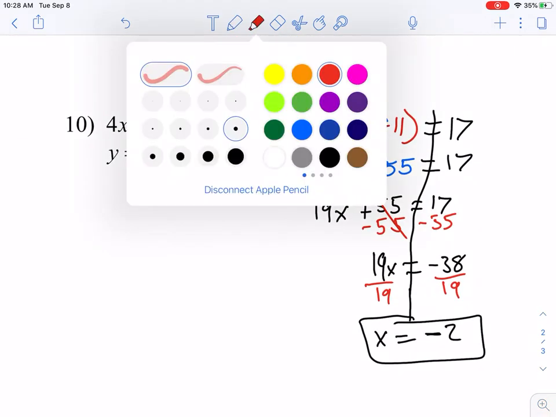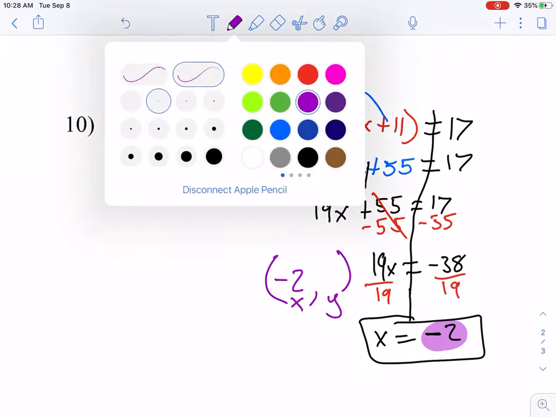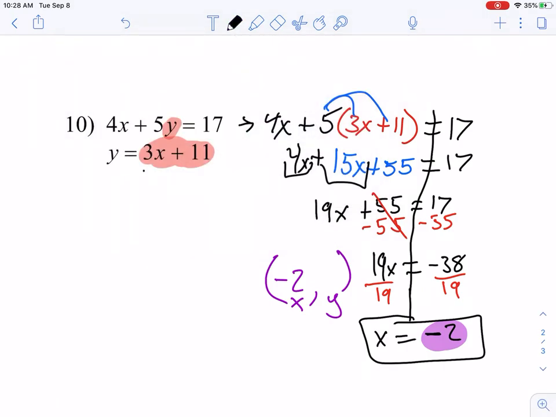We're only part way done. We've only found half of our answer, right? When we're writing as an ordered pair, we have our x, comma, our y. And we don't know what our y is yet, but we're about to. So we're going to plug that in. I'm going to use the bottom equation here.